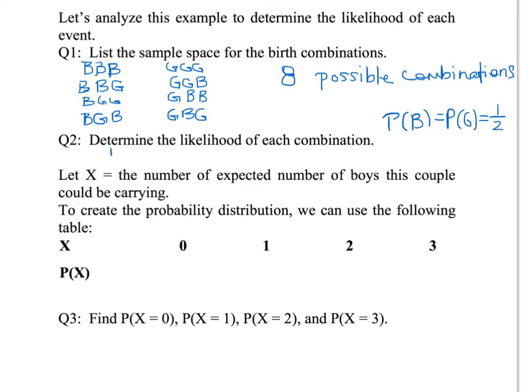So the probability of each of these events, let's take, for example, boy, boy, boy. This is like saying the probability that all 3 births are boys. So this is the probability of the first one being a boy times the probability of the second one being a boy times the probability of the third one being a boy, which turns out to be 1/2 cubed, which is just 1/8.